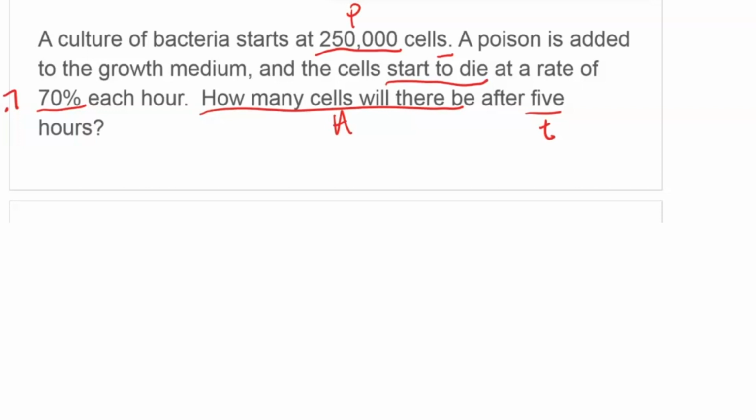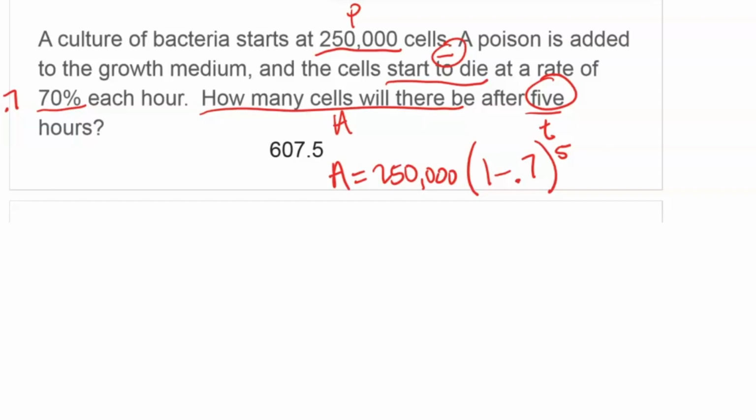So putting this into the equation, we have a equals p was 250,000 times 1, we are subtracting because they are decreasing. 1 minus 0.7, and our time was 5 to the power of 5. So we plug all of that into the calculator. You should get 607.5. So we would say there will be 607.5 cells after 5 hours.